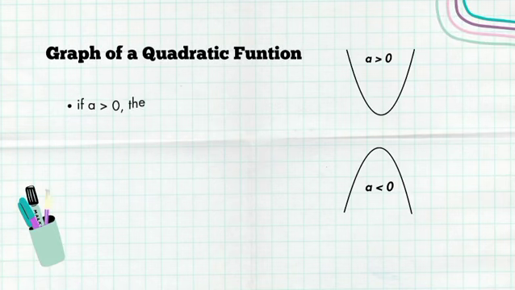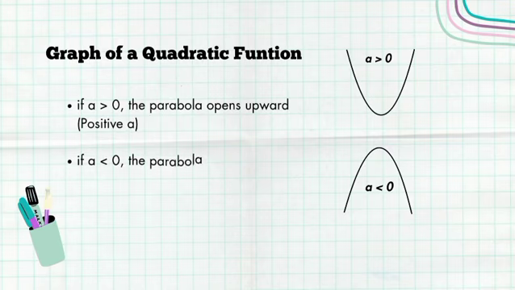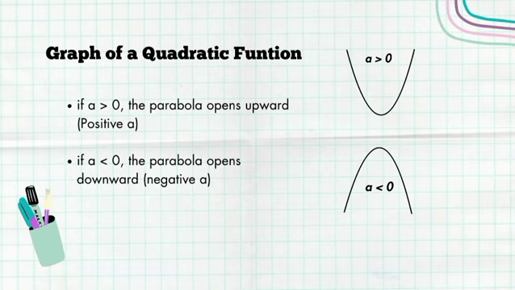Okay, next, the graph of a quadratic function. A quadratic function has two possible graph shapes. It can either open upward or open downward like this. Whether the graph opens upward or downward depends on the value of a.